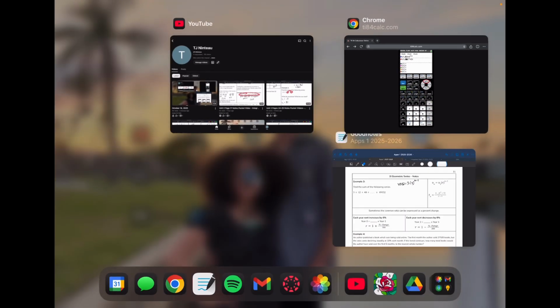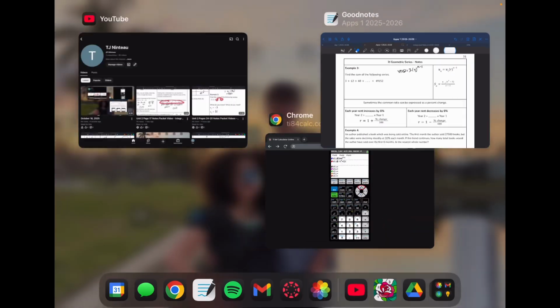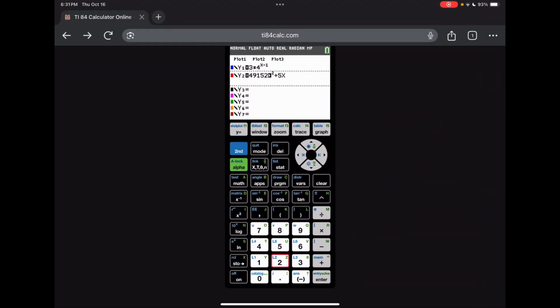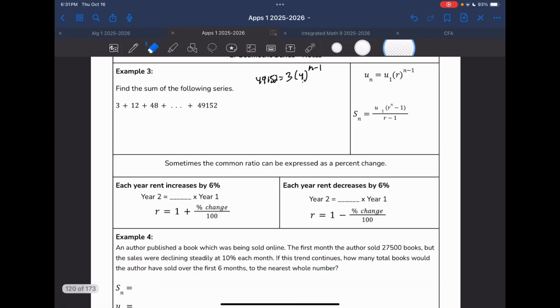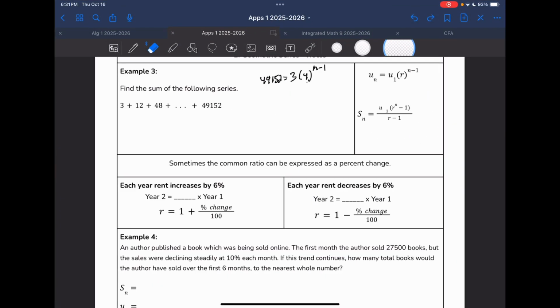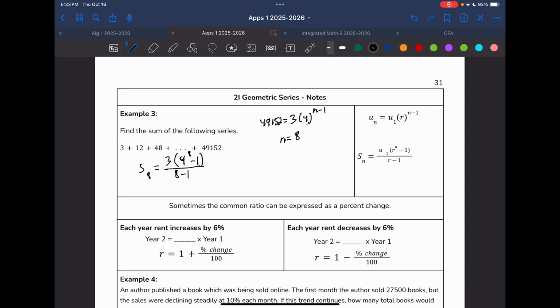Then here we're going to put 49,152. And then we can go second trace, intersect. We see that in this case, n is going to be 8. So n equals 8.